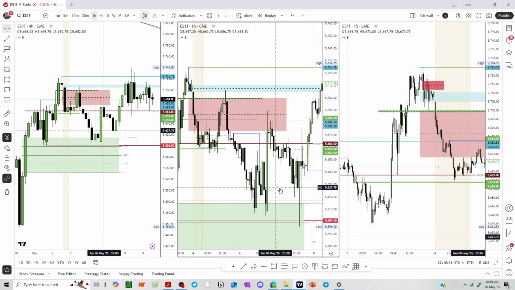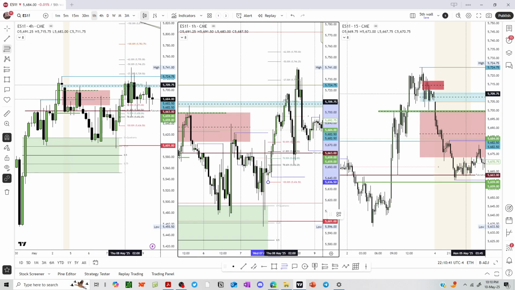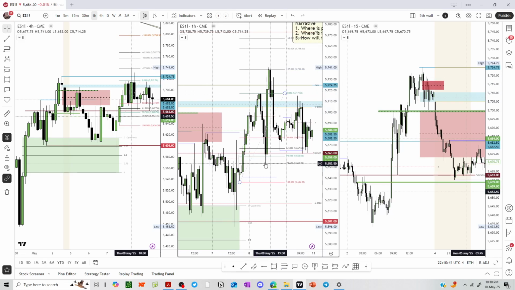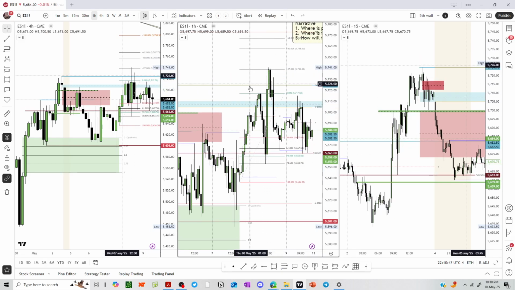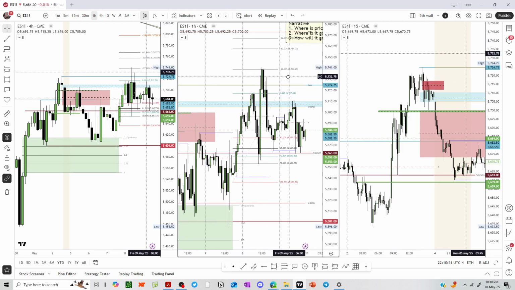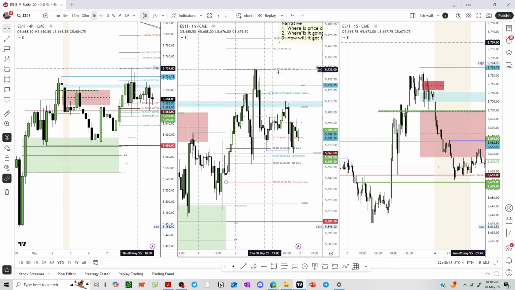And then you have one turtle soup, and then you have a retracement here, long. That's your entry, optimal trade entry long here, targeting this previous swing high and hitting target 1, negative 27.